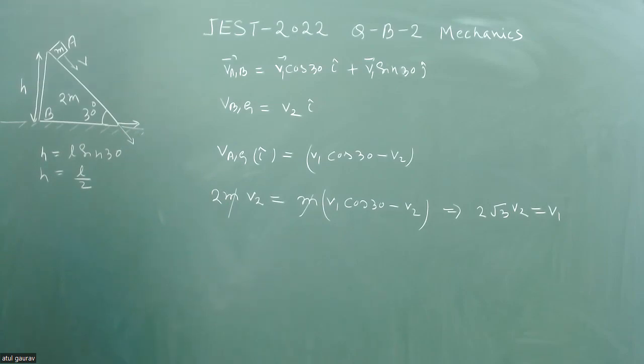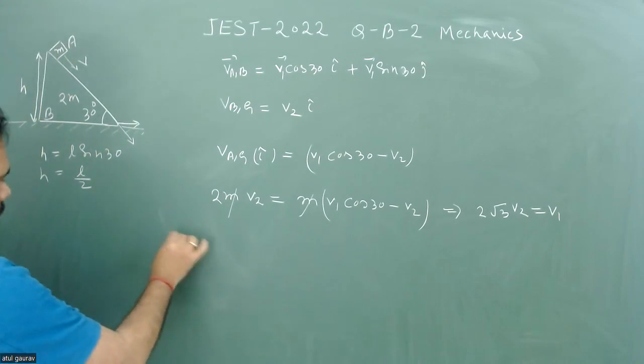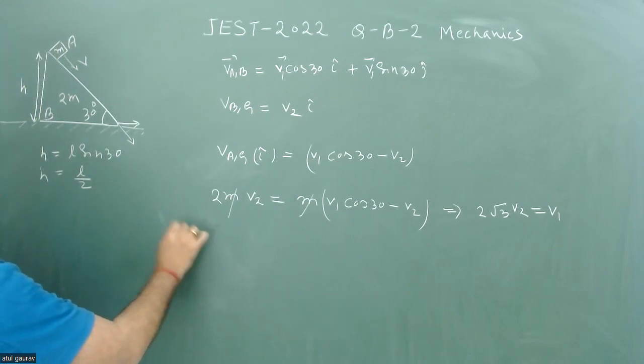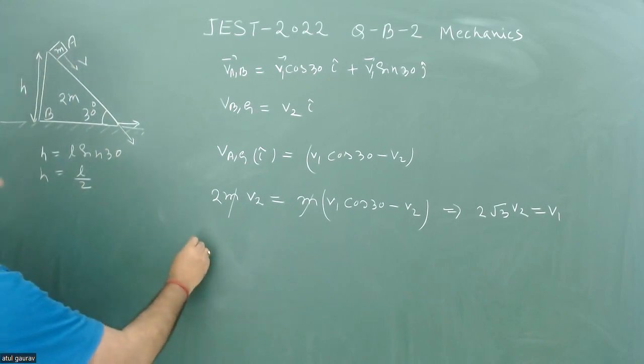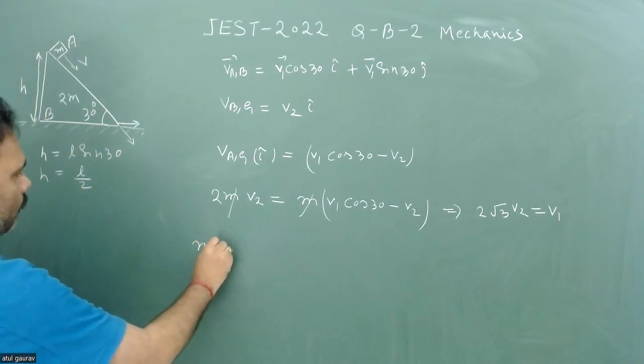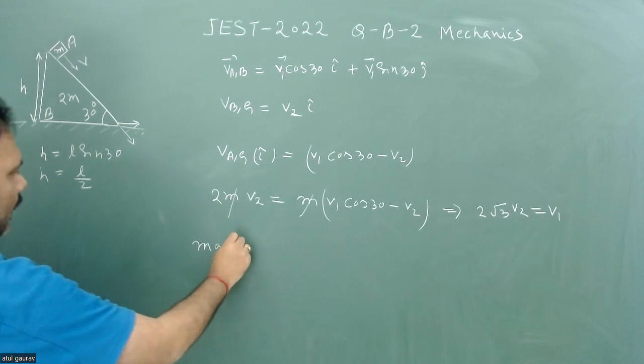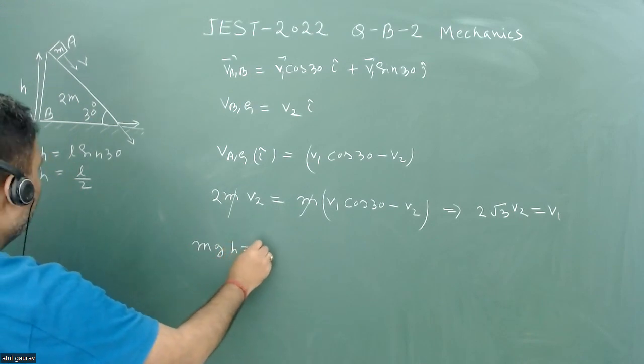Now we will use conservation of energy. Initially all the energy is potential energy, stored in the mass m, so that is mg h, with h equal to L by 2.